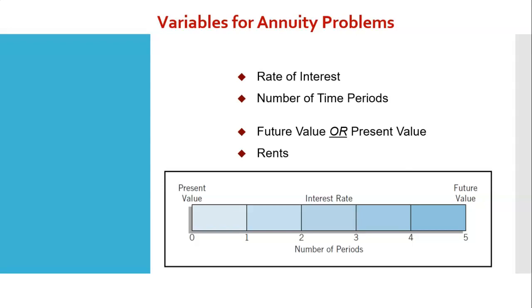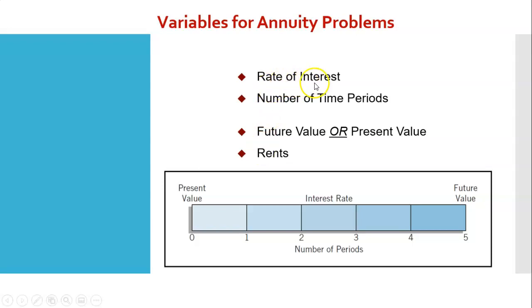Okay, now we had 4 variables that we looked at for the single sum problems, and we have 4 variables here. And just like them, if we solve 3 of these variables, then we can solve the 4th. But the 4 variables are slightly different than the variables for the single sum problems.